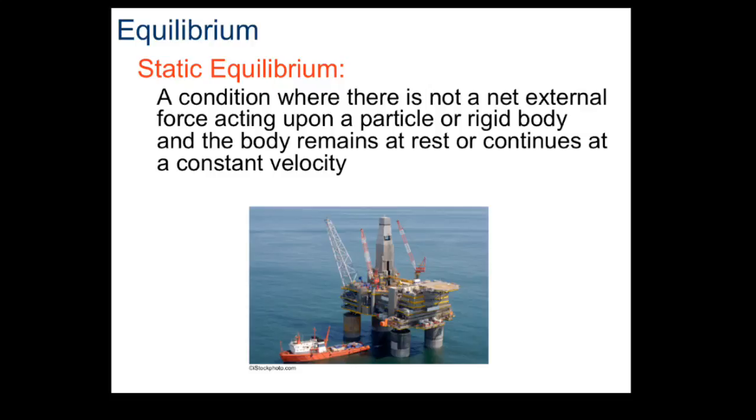If there was, you'd have unequal forces acting upon it, so that one of them overtakes the other, and then there's a net force pushing something in some direction. So static equilibrium is when things don't move or move at a constant velocity, but we'll just think of it as things that don't move.